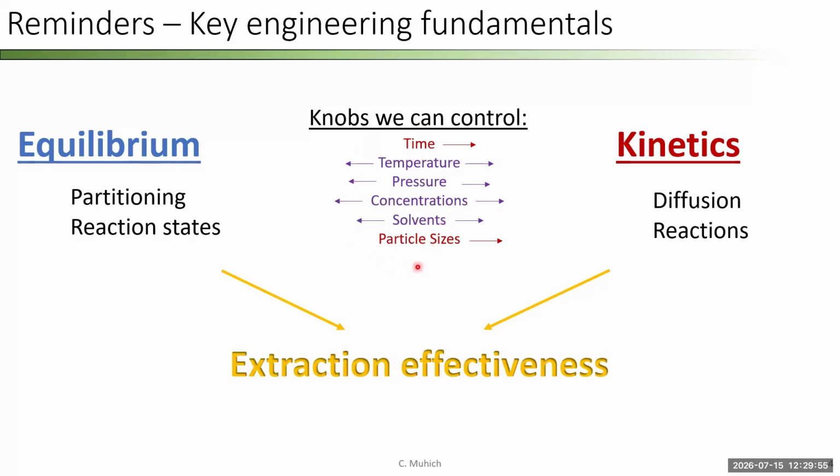Each of these different knobs are going to control either equilibrium, or kinetics, or both. And I've listed here: time is really a kinetics effect, particle size is a kinetics effect, while temperature, pressure, concentrations, and solvents are going to affect both equilibrium and kinetics. The combination of how we construct our system in terms of the equilibrium and the kinetics will dictate our extraction effectiveness.